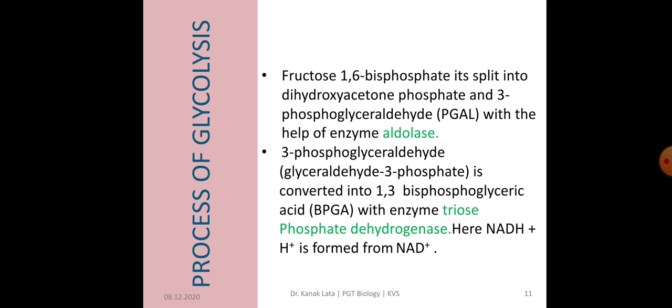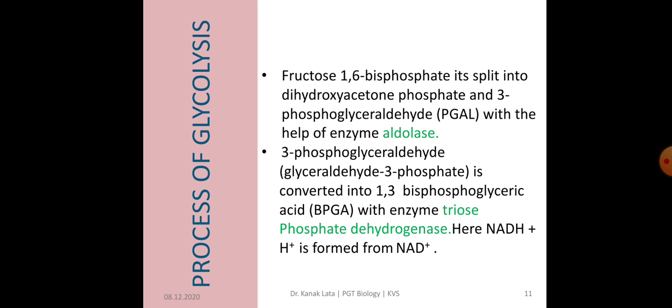Now fructose 1,6-bisphosphate is split into dihydroxyacetone phosphate and 3-phosphoglyceraldehyde, that is PGAL, in the presence of enzyme aldolase. Then 3-phosphoglyceraldehyde is converted into 1,3-bisphosphoglyceric acid, or 1,3-bisphosphoglycerate, that is BPGA, with enzyme triose phosphate dehydrogenase.